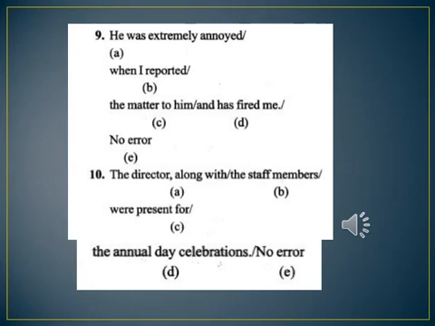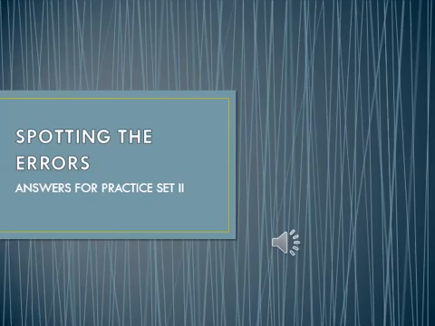With this, we come to the end of this test on spotting the errors. I hope you have attempted all these questions from practice set number 2. Now is the time to discuss the answers for the questions that you have attempted in set number 2 on spotting the errors.